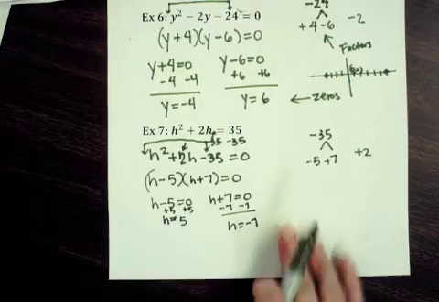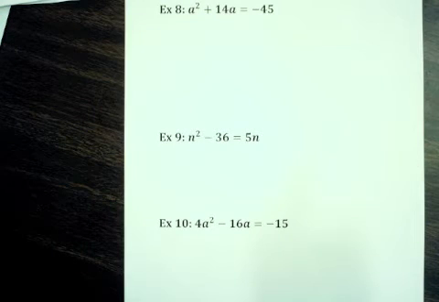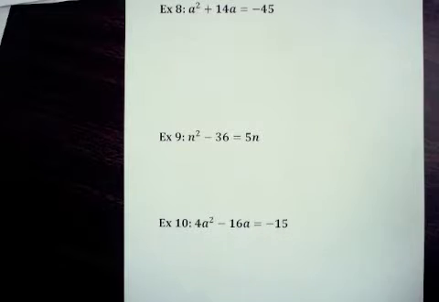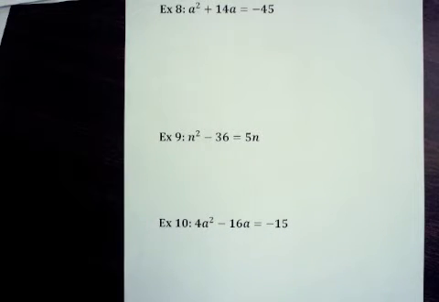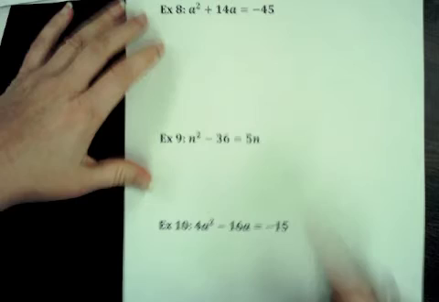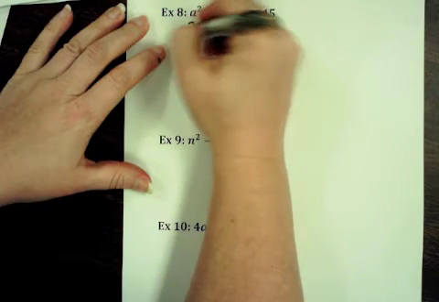Okay, example 8. Do it by yourself. Do 8 and 9. Pause the video. Do 8 and 9 and then come back. Okay, so hopefully you knew the first thing to do was to add 45.